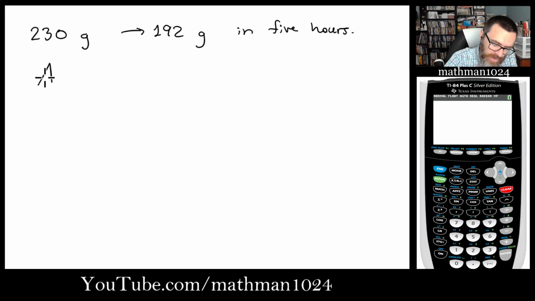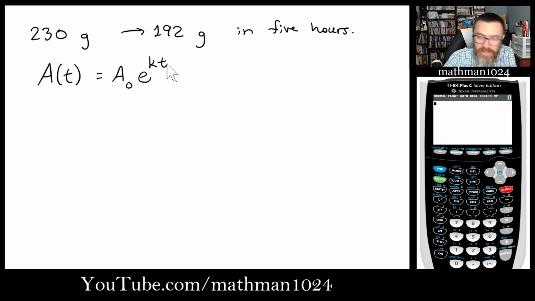So if we start with that basic form, that the amount based on time is equal to the initial amount times e to the kt, let's plug in what we know. So we know the initial amount because that's this. We know that at a certain value of time, t equals 5, we have this right here, the amount after 5 hours.